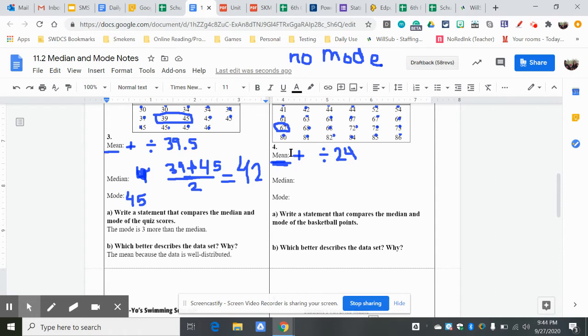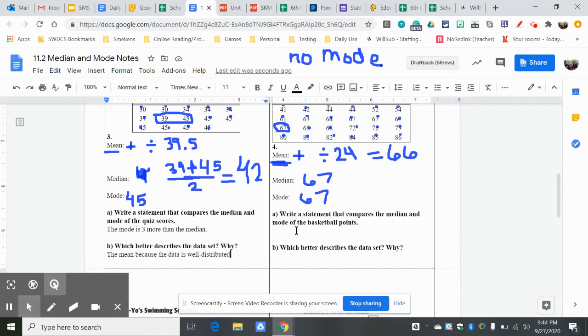Now I'm going to go over here to number 4, where my mean should have equaled 66, is what you should have gotten when you added those up and divided by 24. My median was 67. I didn't mess up on that one. And your mode should have also been 67.